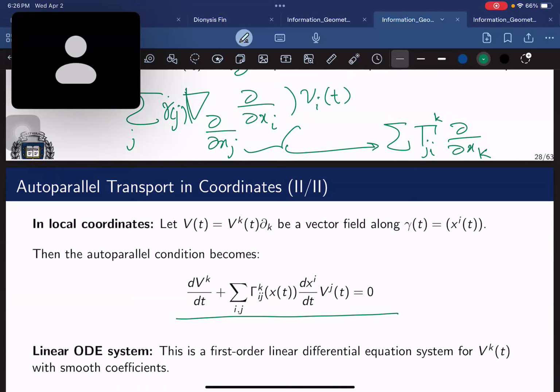Then, the affine connection between two points is not unique, right? You should not consider an affine connection as a local operator.